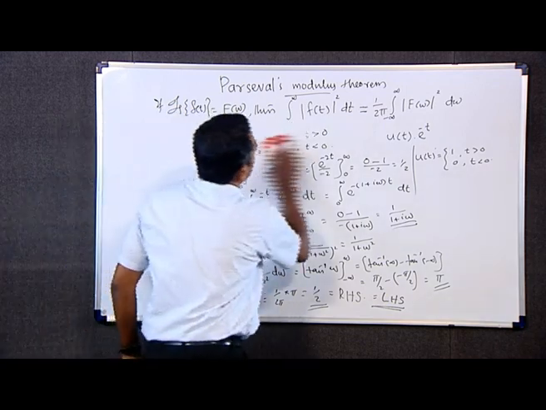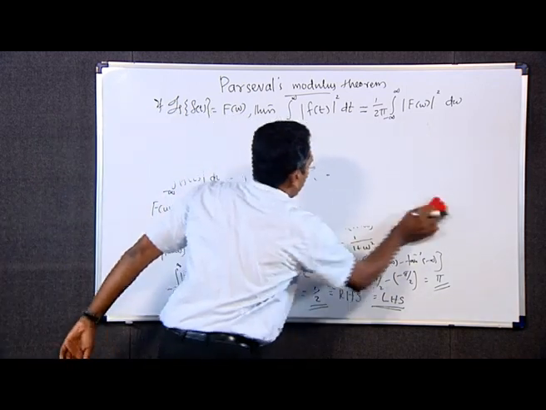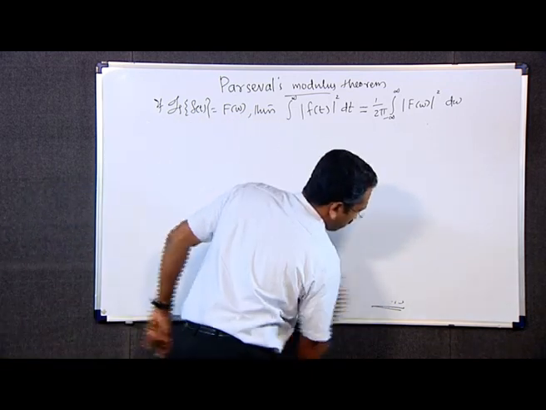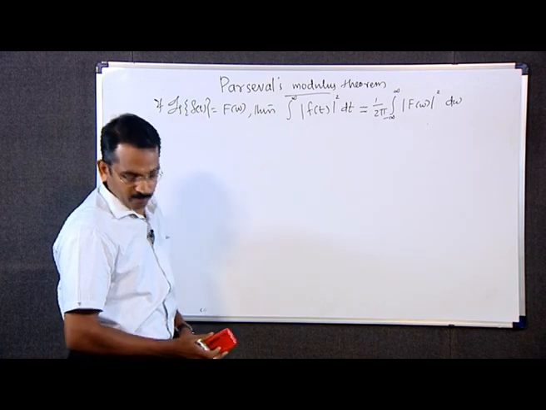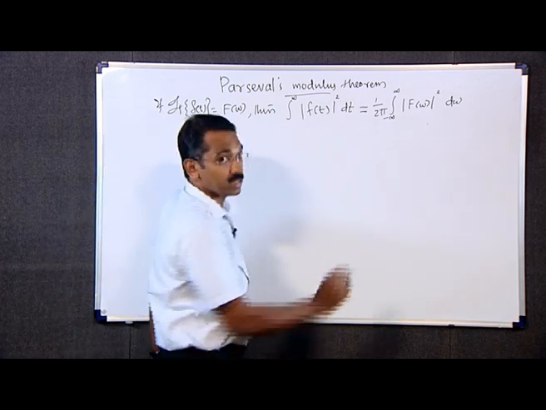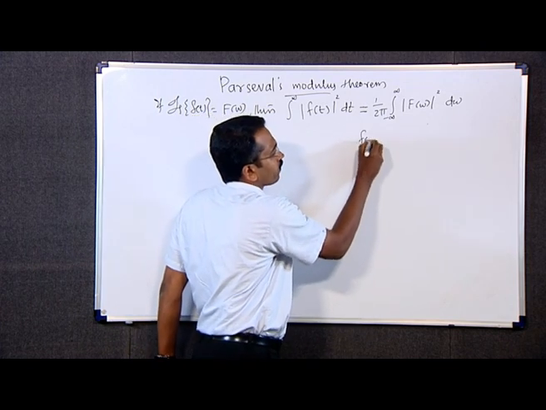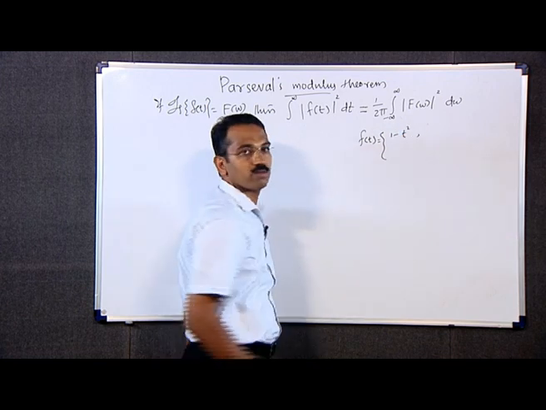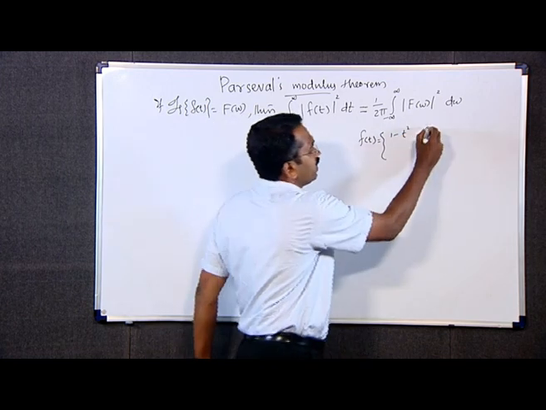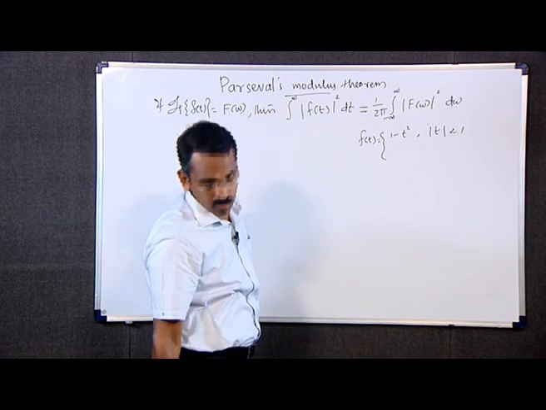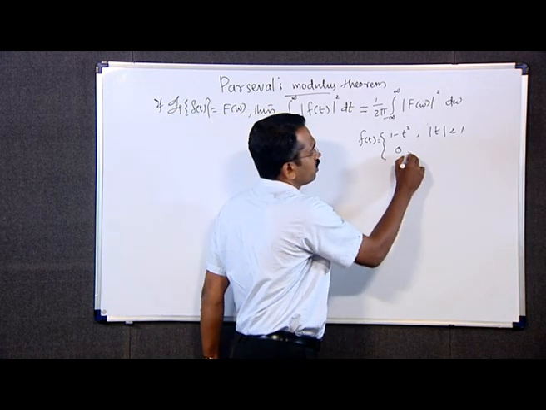Now, consider one more example. Find the Fourier transform of the given function f of t equal to 1 minus t squared for mod t less than 1 and equal to 0 for mod t greater than 1.